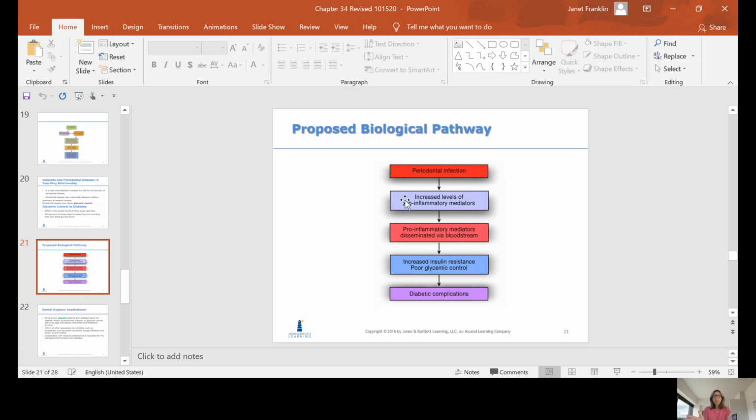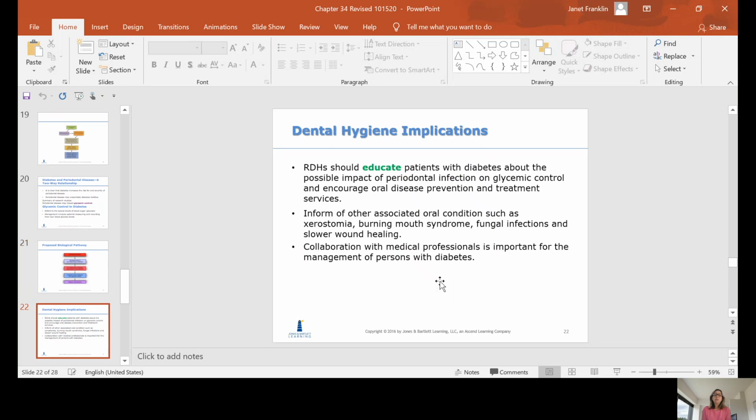So now we've picked up the inflammation. They travel around in the bloodstream, increase insulin resistance, causing poor glycemic control, and that causes diabetic complications. Educate your patients with diabetes about the impact that the periodontal infection may be having on their diabetes.